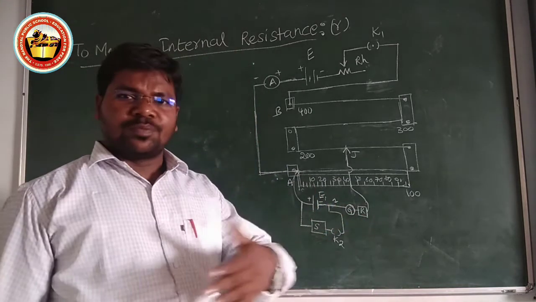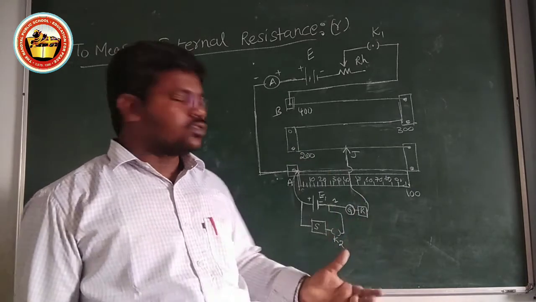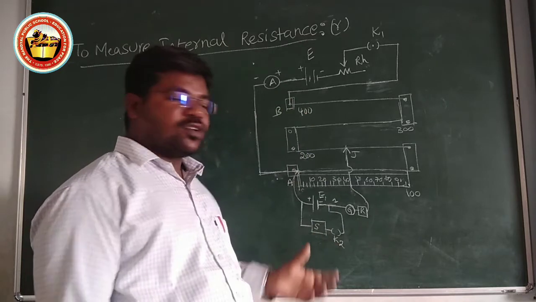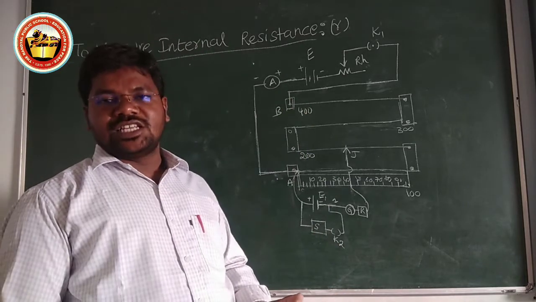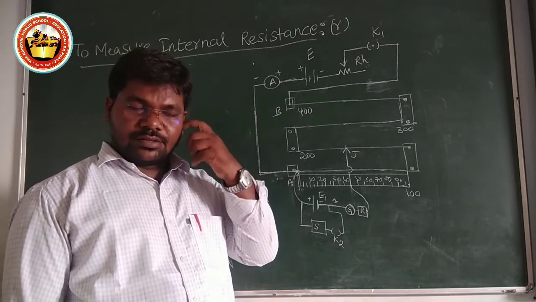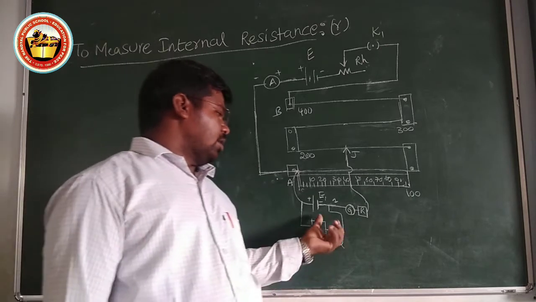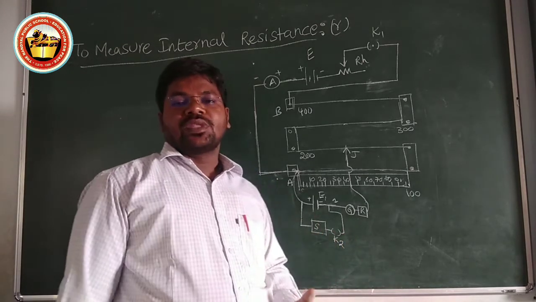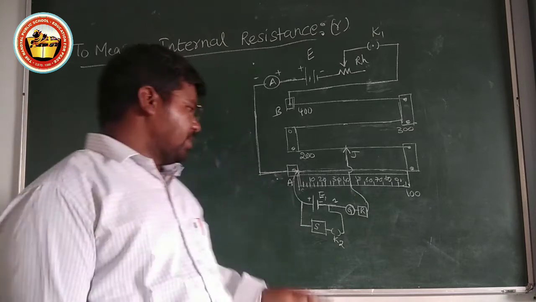We know the potentiometer; we just have to modify it. We can remove one EMF and add some additional resistance instead of the E2 EMF.